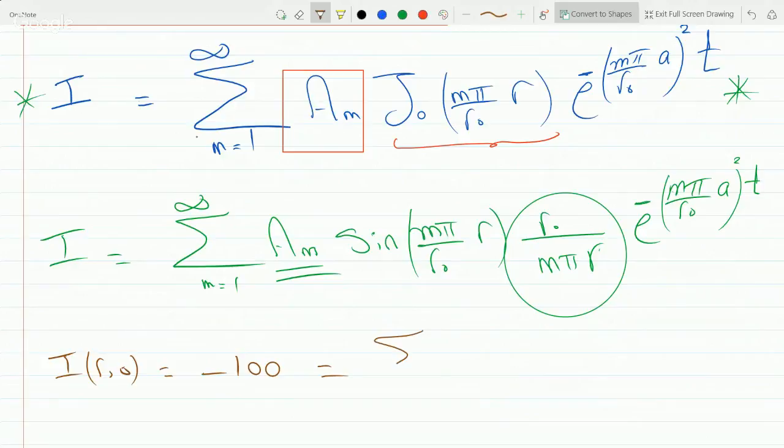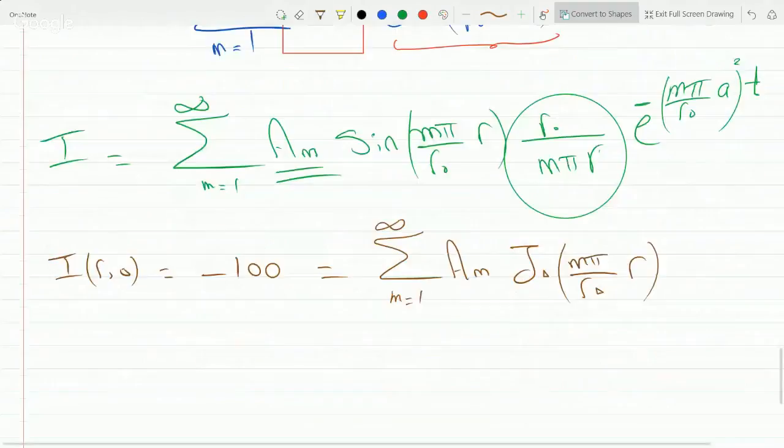And at t equals 0, if I plug in t equals 0 in the I, the exponential becomes 1, and then I have A_m times J0(m pi over R0 r), from m equals 1 to infinity.